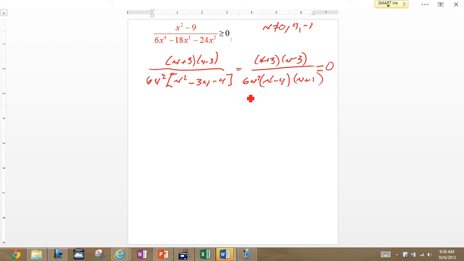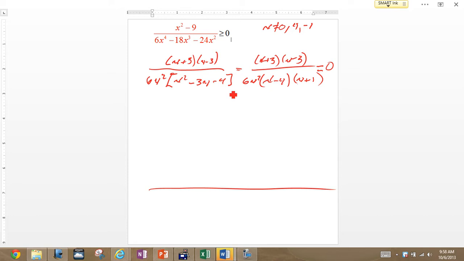So let's look at what we have. We have 1, 2, 3, 4, 5 factors. Those 5 factors want to be represented in my sign table, and we'll build the sign table down here, with those factors as intercepts on effectively the x-axis.